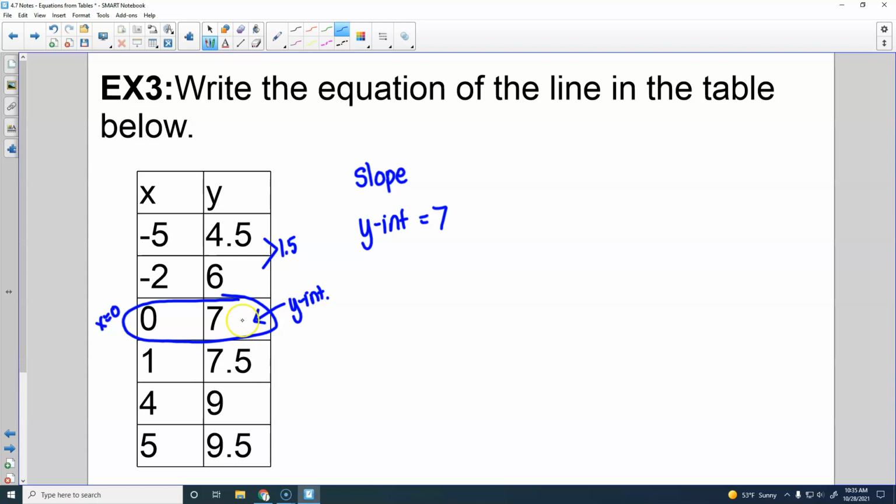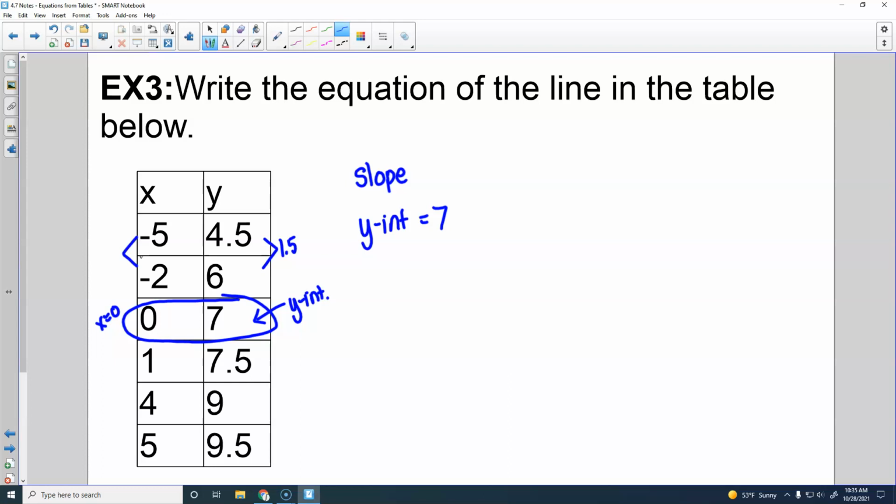But in this one, my x's don't go up by the same amount either, right? I'm going -5, -2, 0, 1, 4, 5. They're going up by different amounts also here. So, Zane, from 4.5 to 6, I've got 1.5. I also have to consider my x. So how much do I go up there?